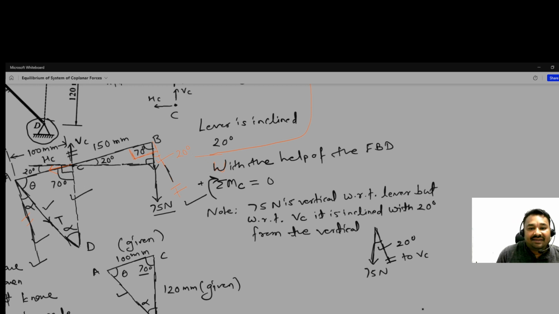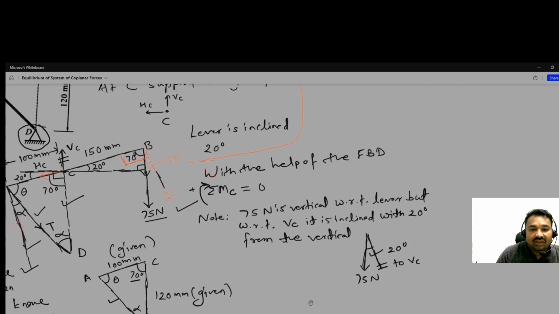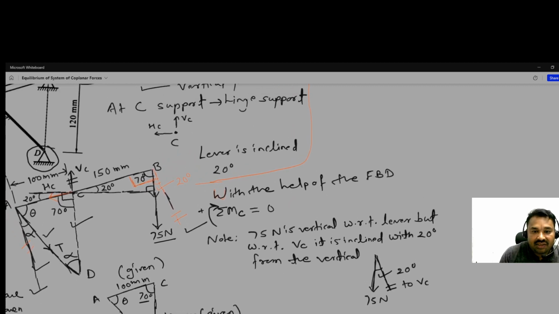Okay, that's why the moment about C, if you take, here 75 Newton, it will try to rotate the lever clockwise, that's why positive, and there is inclination of 20 degree with the vertical.